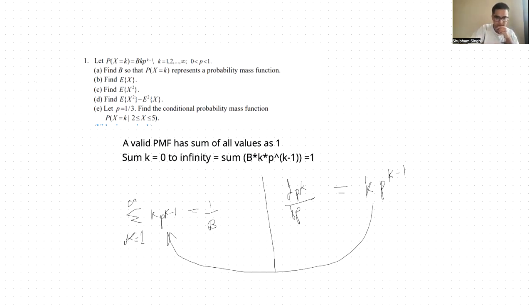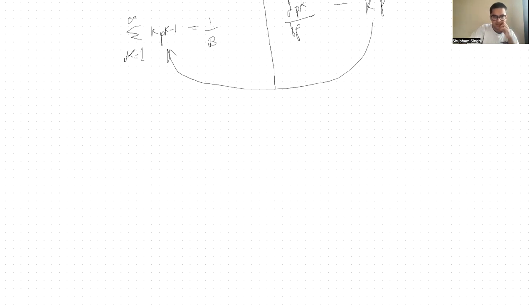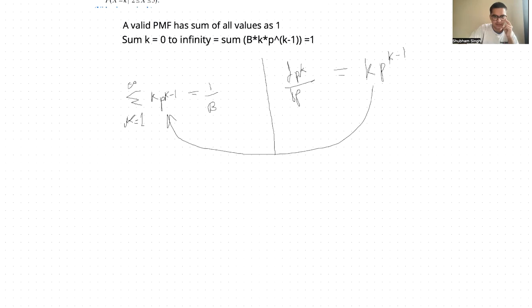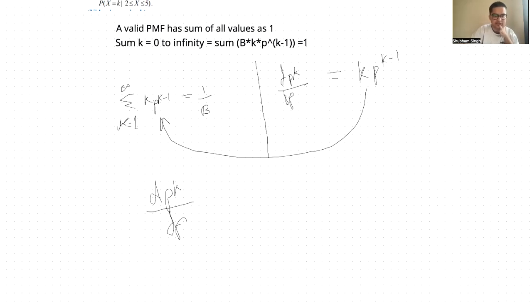So if we write it like this, it makes sense. We are just substituting this value for d p raised to k by dp. I hope it makes sense, and I hope my handwriting is readable. So yeah, it becomes this.